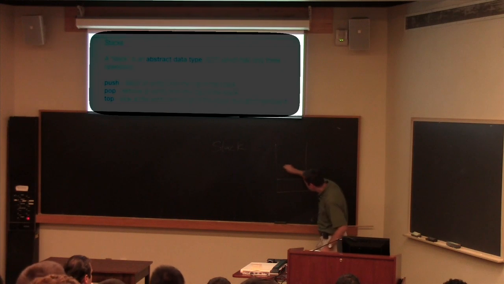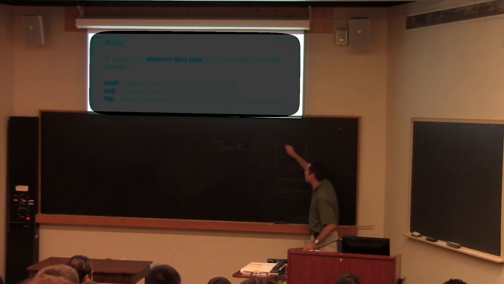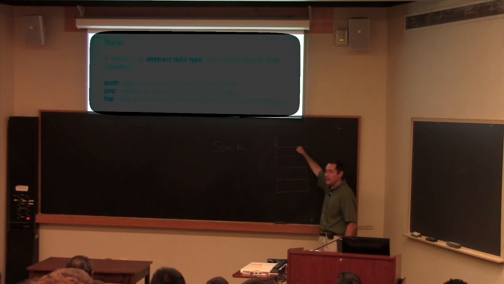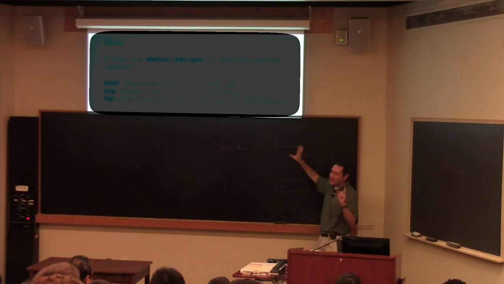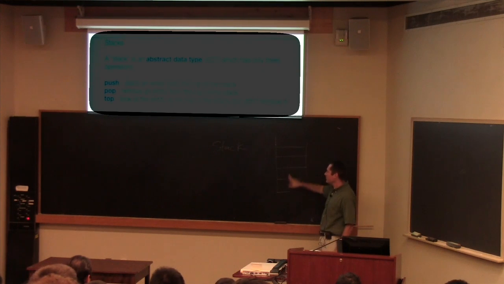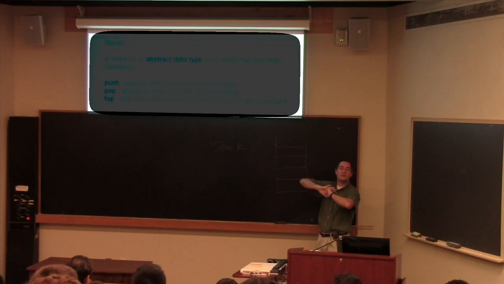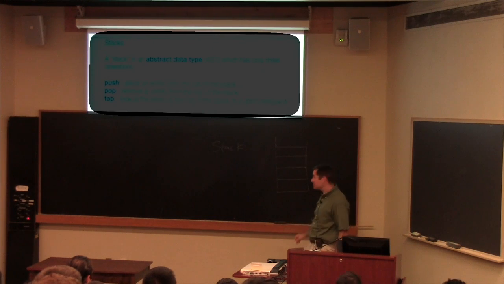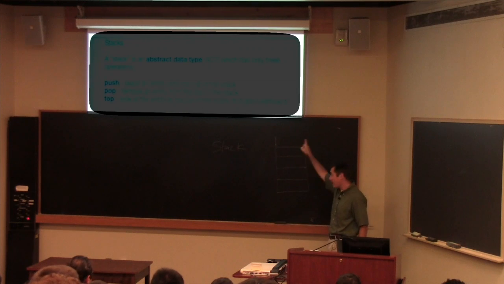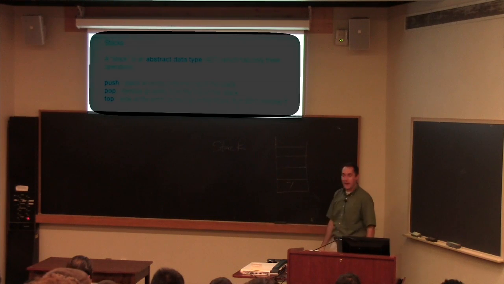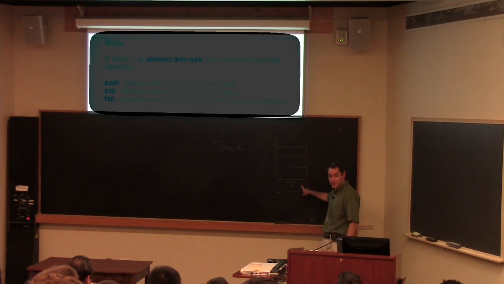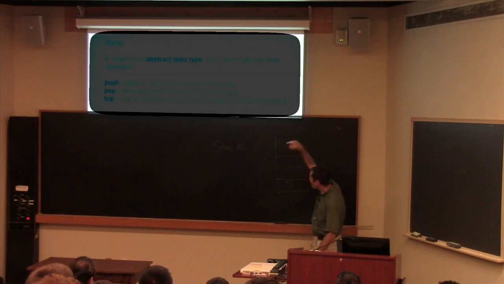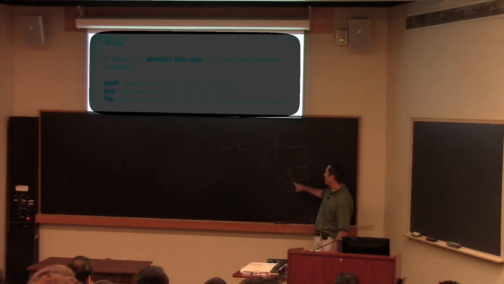Think of this as an array tipped on its side, where there are some memory addresses here. Depending on how your stack is oriented, the memory addresses may get bigger or smaller. It doesn't actually matter. The whole point is, when you push something onto a stack, let's say we push the number 7 onto the stack, it's going to go down there into the first location in the stack. And then we push 4 onto the stack, and it's going to come above 7.